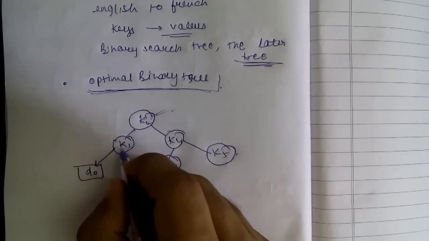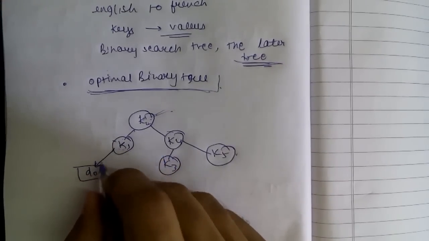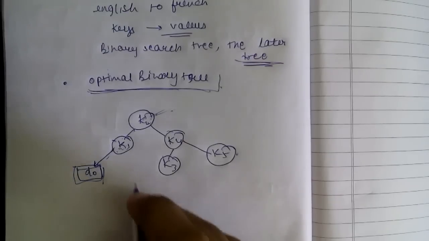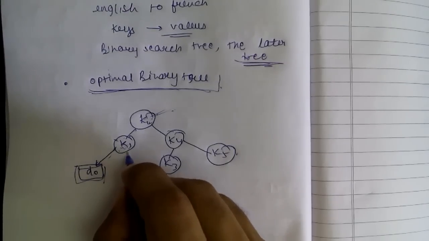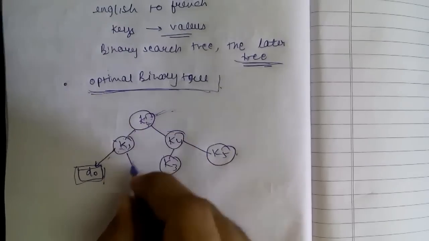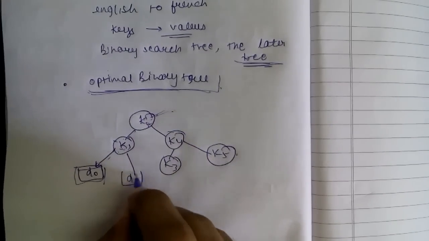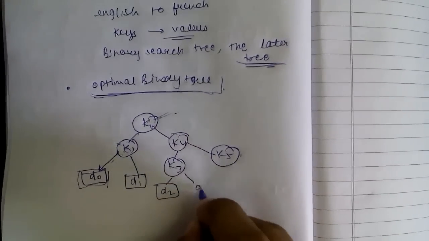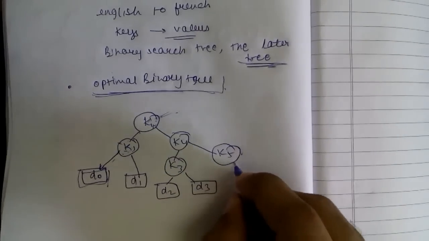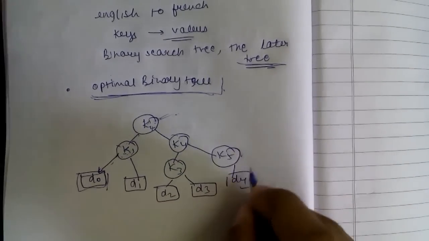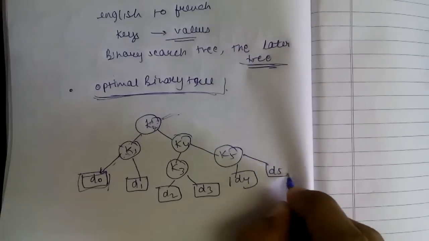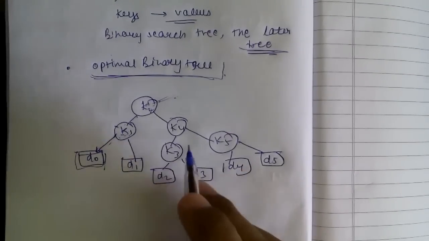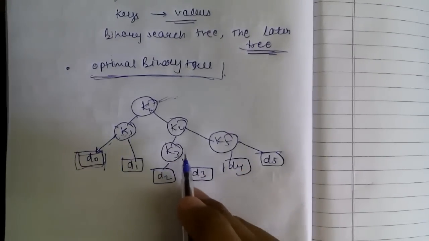That is all the values less than K1, which don't have any French translation, and greater than K1 and less than K2, D1, D2, similarly D3, D5. So a search for a word can be either successful or unsuccessful.